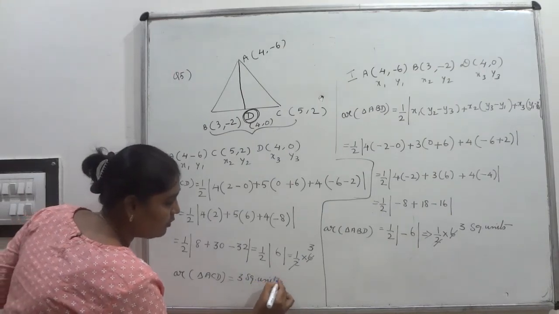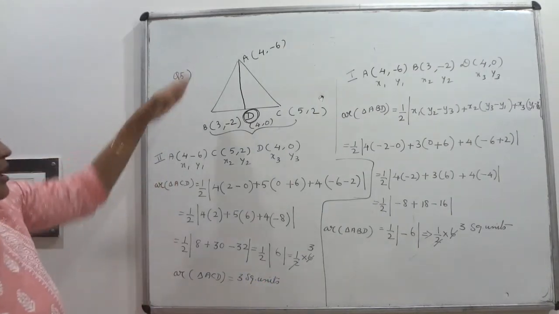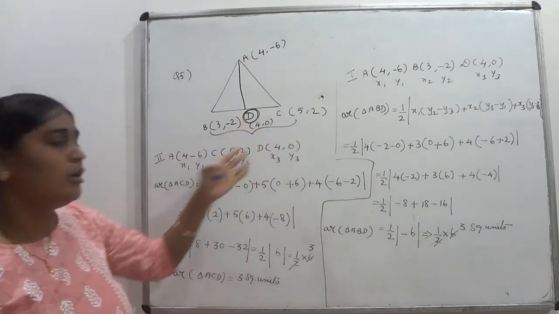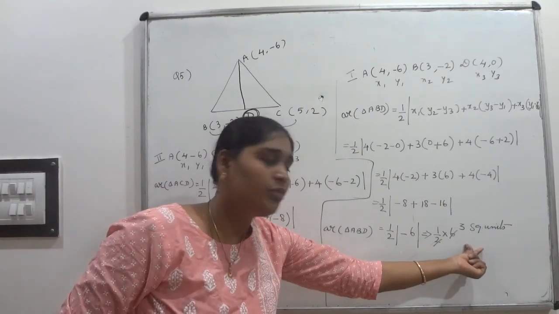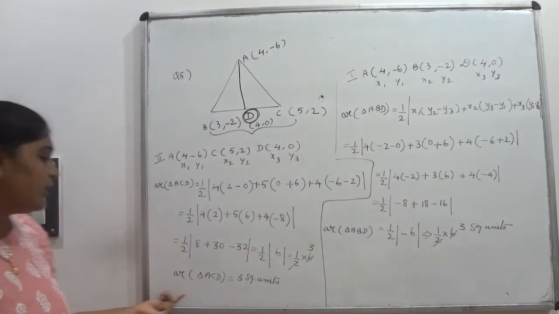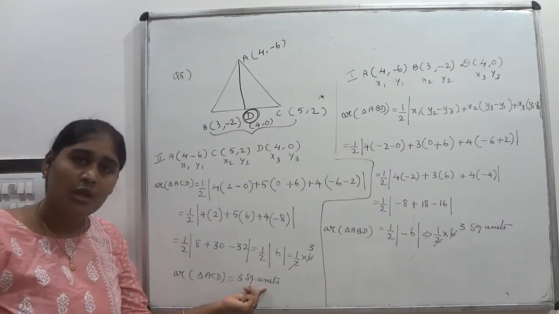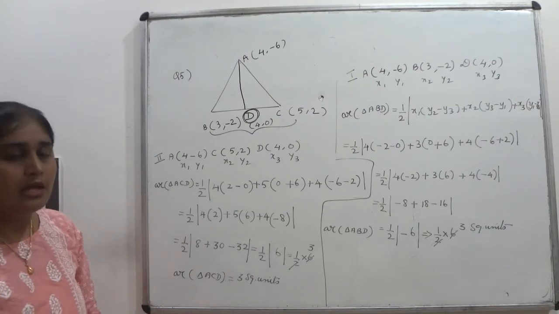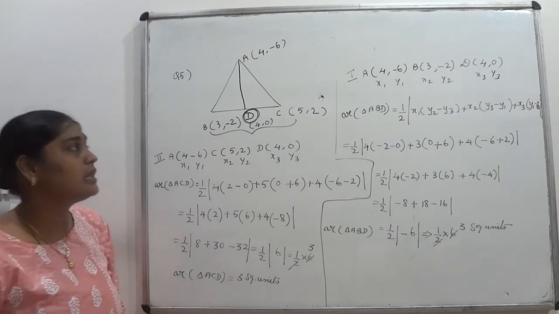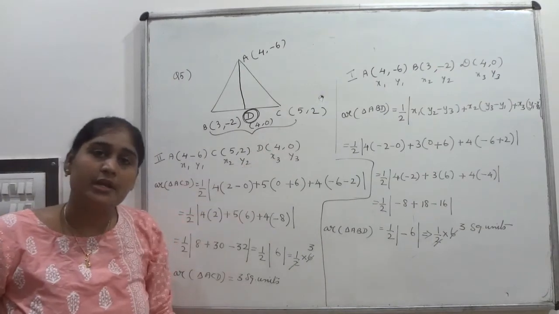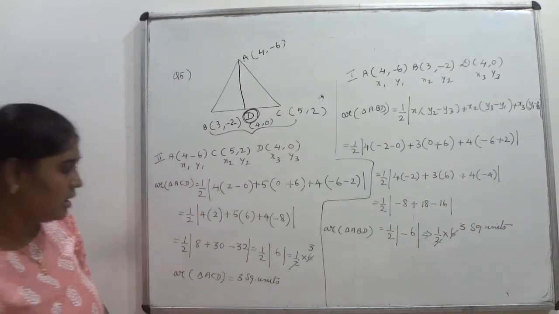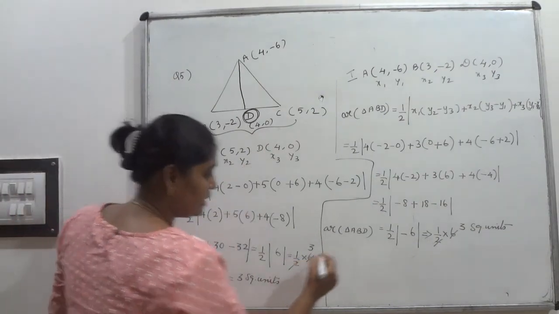Now you can verify that the area of ABD is equal to the area of ACD. Look here, area of ABD, what is the answer that came? 3 square units. Area of ACD, what is the answer that came? 3 square units. Both are equal. Therefore, we can say that the median of a triangle divides it into two triangles of equal areas. At last, you have to write the answer like this.